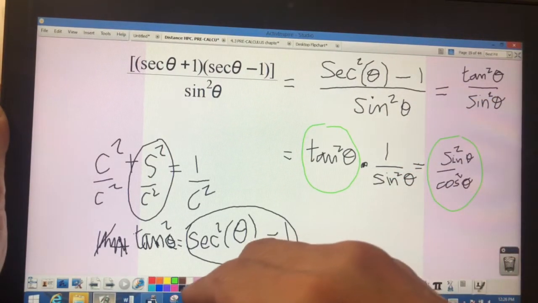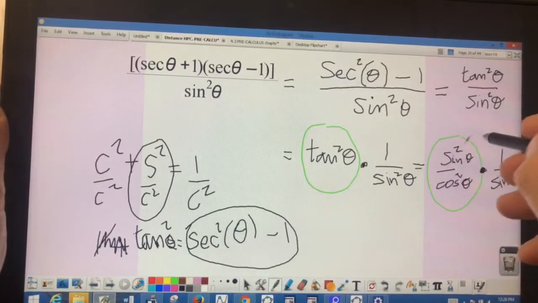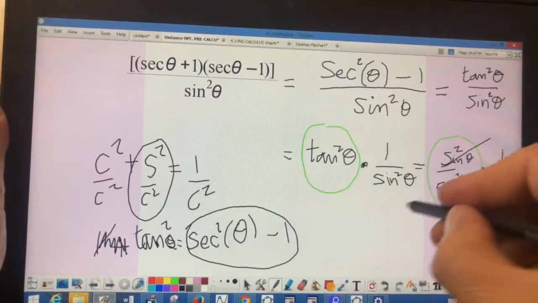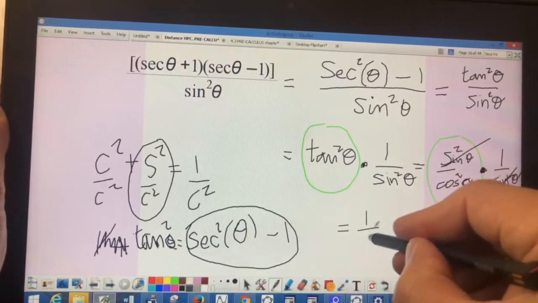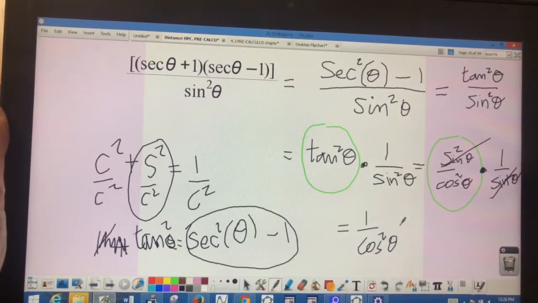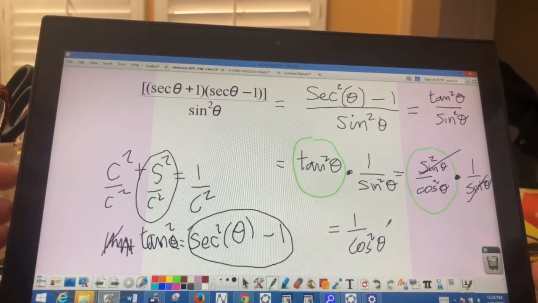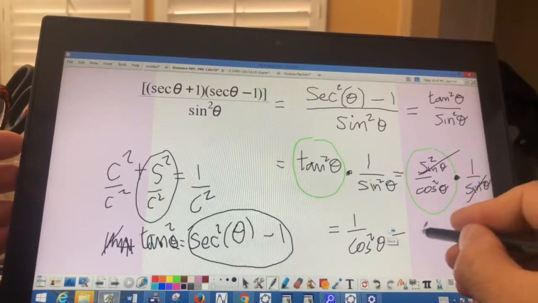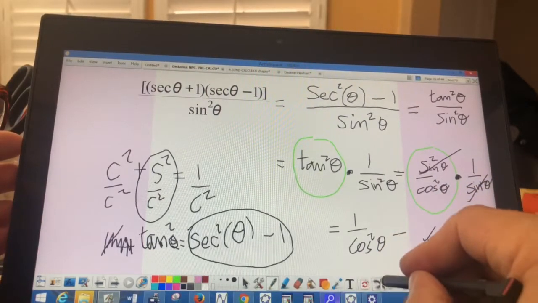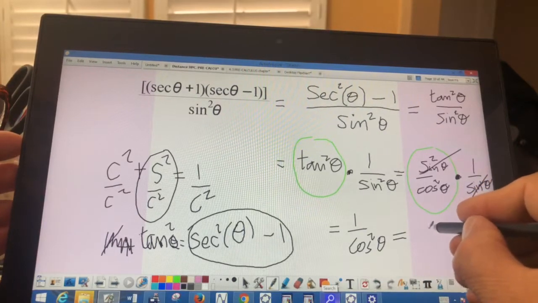Now the next piece is your times 1 over sine square. See how nice that goes? So now your sine squares cancel. At the end, you've got 1 over cosine square, right? 1 over cosine square is secant square. So that's the answer. That's the simplified form that they want.